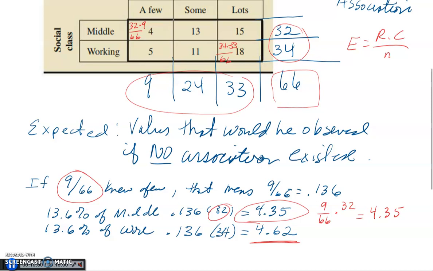So take 34 times 33 divided by 66, and you get an expected value of 17. Again, not too far off from the observed value of 18. So this is how you're going to go through and get all your expected values when doing the test for independence.